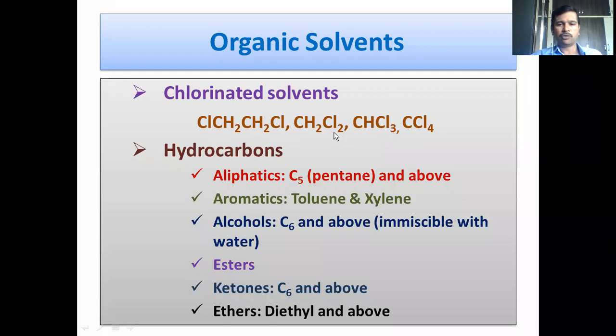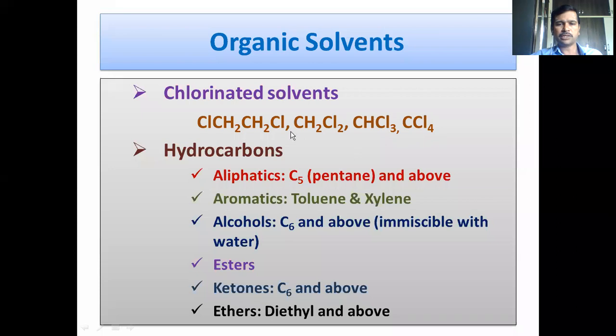ClCH2CH2Cl, dichloromethane, chloroform or carbon tetrachloride. So these are chlorinated solvents. These chlorinated solvents are most commonly used because of their larger density than water. So dichloroethane, dichloromethane, chloroform or carbon tetrachloride, when you treat with water, will settle at the bottom. Water will be present at the top because of the density.